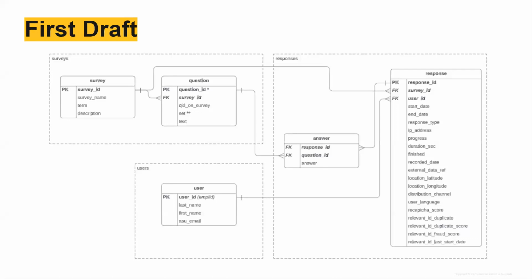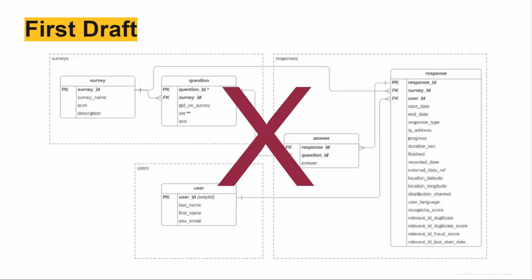So this database diagram was our first draft of how we structured our database. As you can see, we've got 5 tables for the 5 entities. But I'm not going to spend a lot of time on this because we decided it was too complicated, and unnecessarily so. We wanted to simplify.